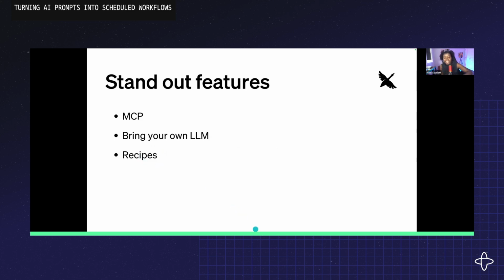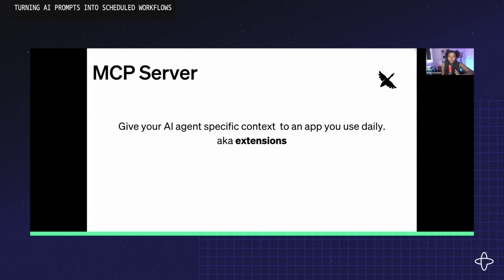Again, foreshadowing. So when I say MCP, if you're not familiar with it, Model Context Protocol, that's an open source standard. And it's basically a rule that companies like Anthropic and Block came together and they were like, let's make it easier to build AI agents. So in the Goose ecosystem, we refer to these MCP servers as extensions.